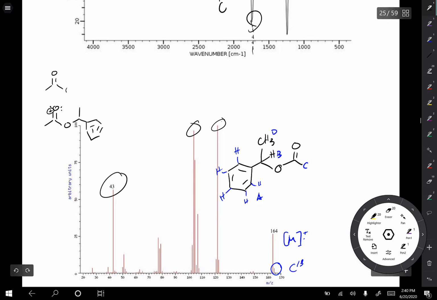I want you to show this in your exams. So let me show it here. Minus an electron, okay? And now what's going to happen? We know we can do alpha cleavage. This is going to give us our acylium ion.